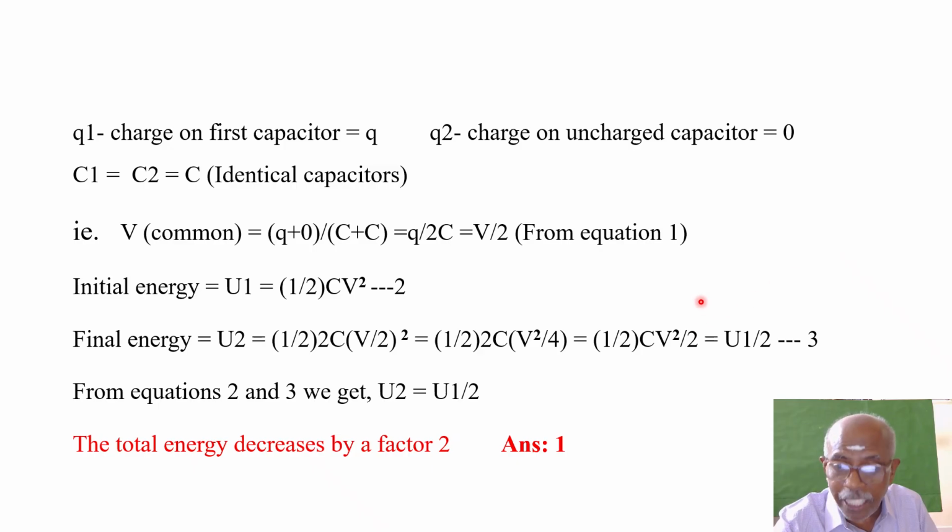So as per the concept itself, there will be a decrease of energy whenever there is a sharing of charges among the capacitors. If you know this concept, you need not solve this problem numerically. Even by looking at the four options, you can choose option one. So this is one thing you have to remember.